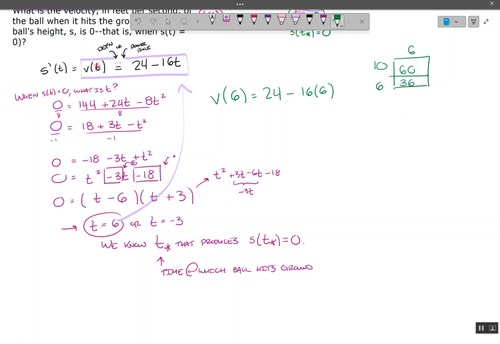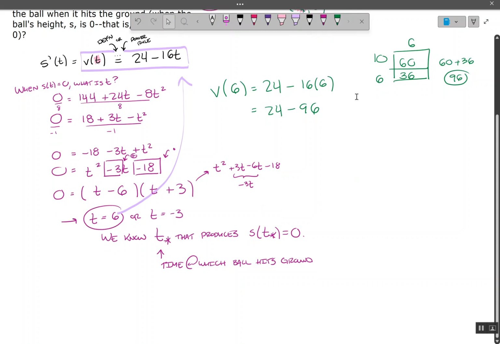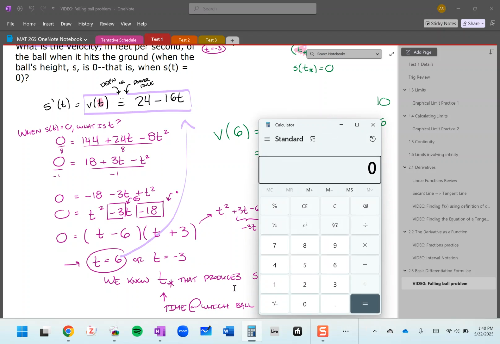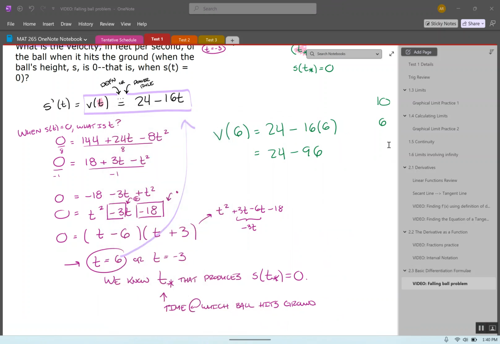So we get 60 plus 36 is 96. Awesome. So we have 24 minus 96. The difference there is what? 72? -72? Let's check. I'm tired, y'all. Gotta get this calculator. So we've got 24 minus 96.